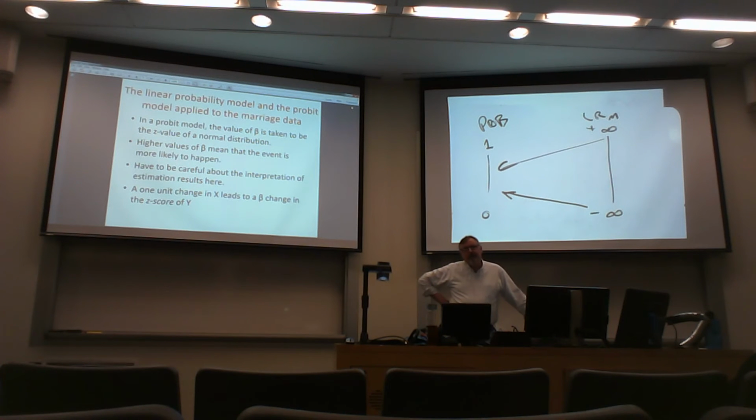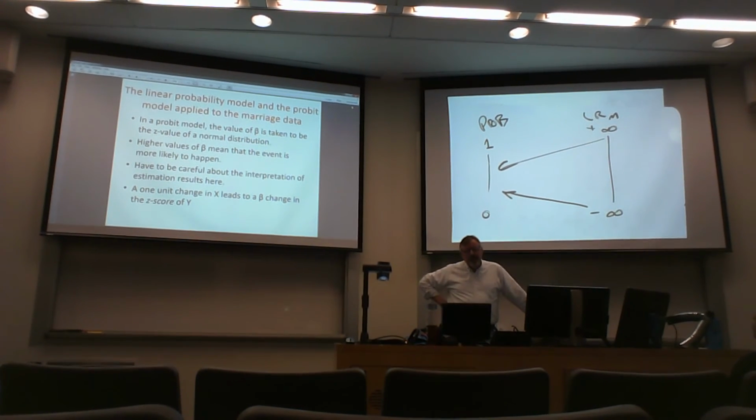So, the advantage of using just plain old linear regression is it's really easy to interpret the coefficients. You've been doing that all semester. The disadvantage is if you get out in the tails of your data, it's just not going to work.